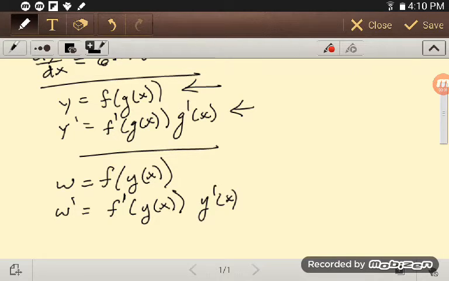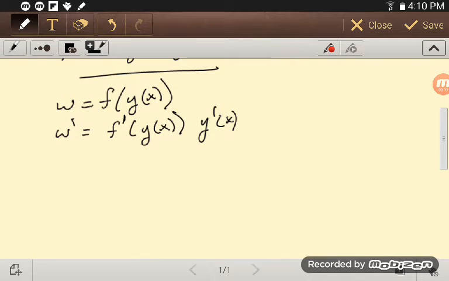So we might have something like, if I had w equal to y squared, then w prime, well, I should probably be more clear and say dw dx.